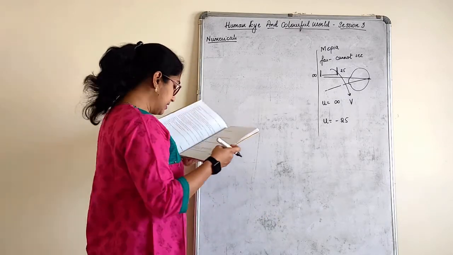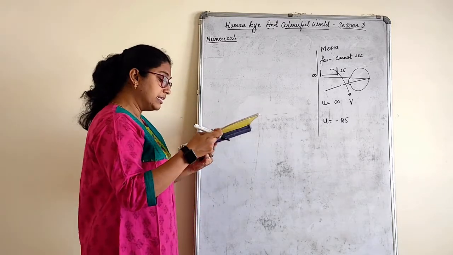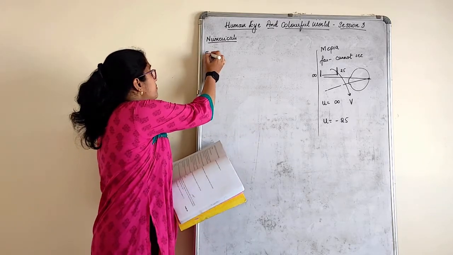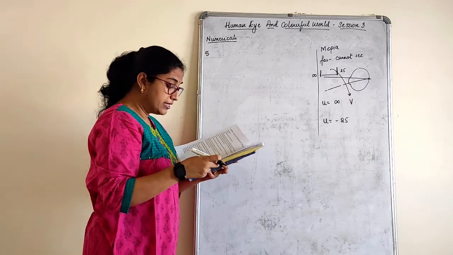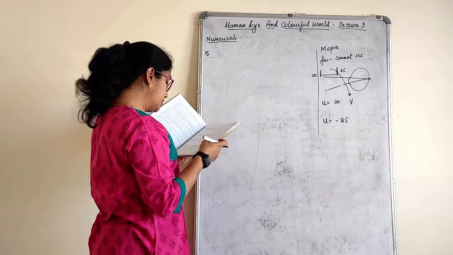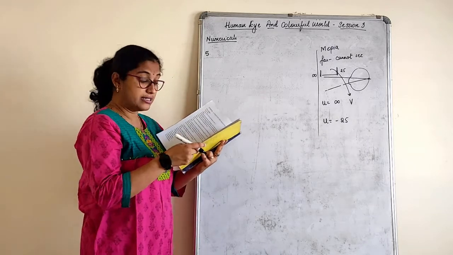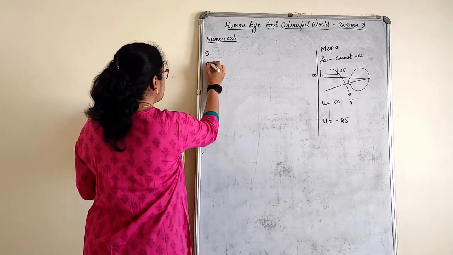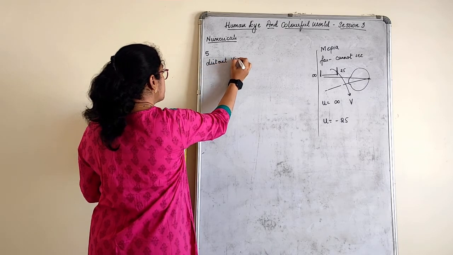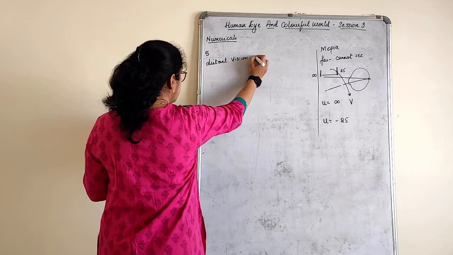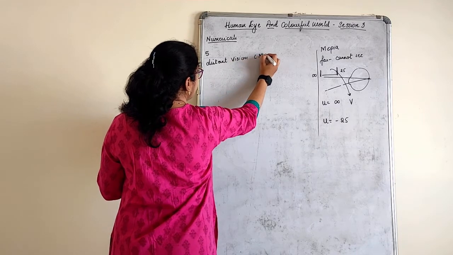Fifth one in the exercise sum: a person needs a lens of power minus 5.5 diopter for correcting his distant vision. Now what is distant vision? Myopia.